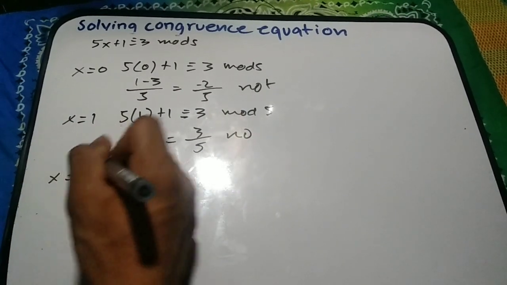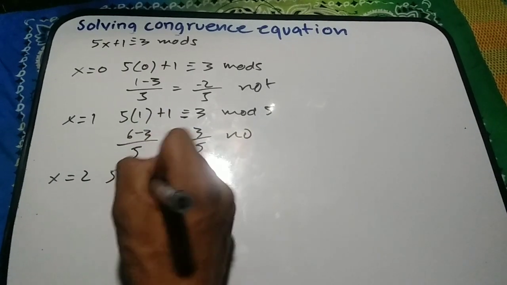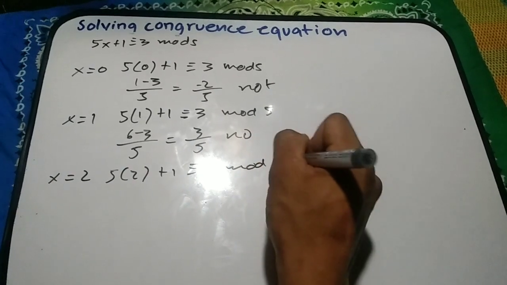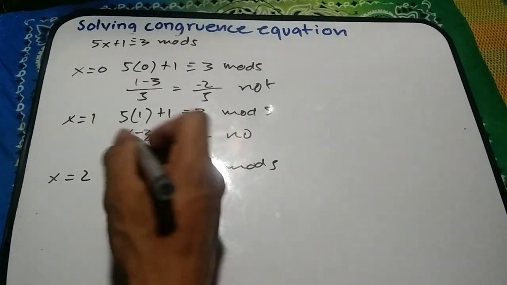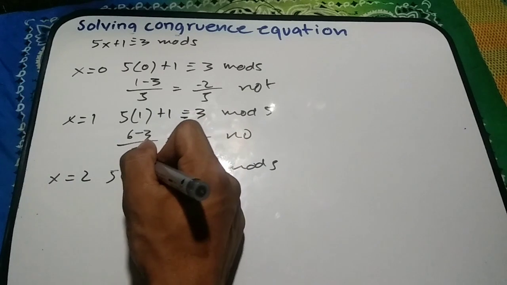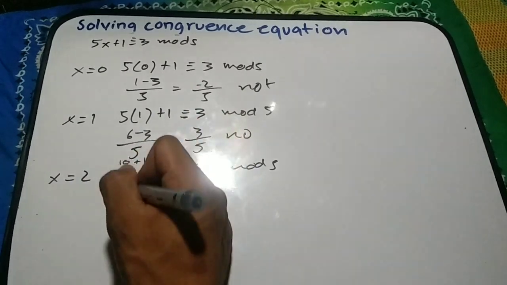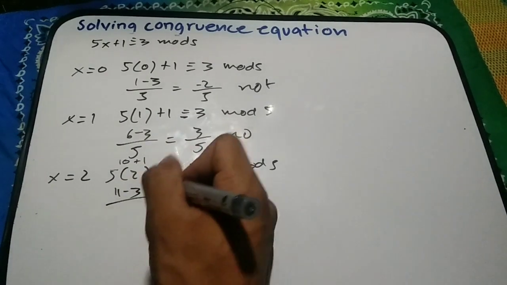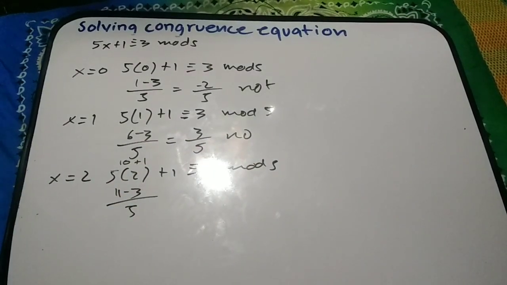x equals 2. 5 times 2 plus 1 congruent to 3 mod 5. 5 times 2 is 10, plus 1 is 11, minus 3 over 5.